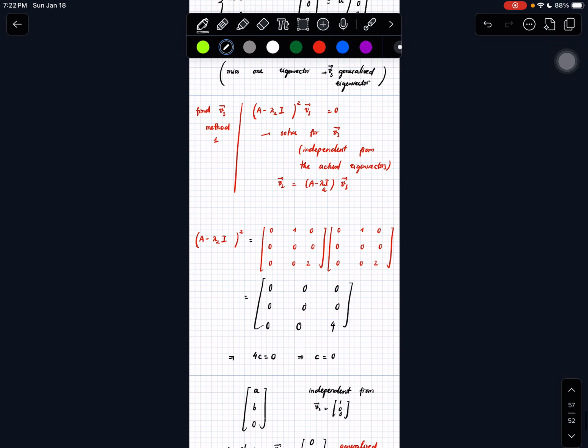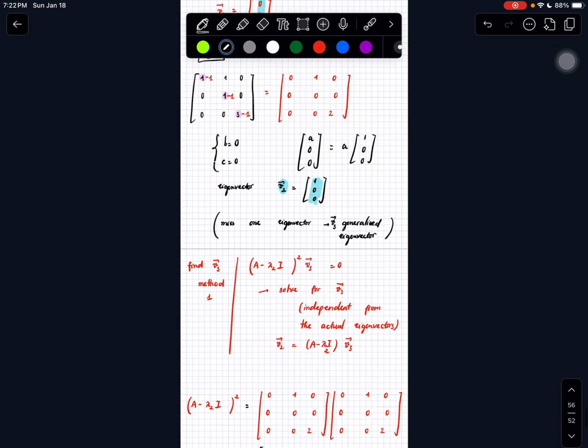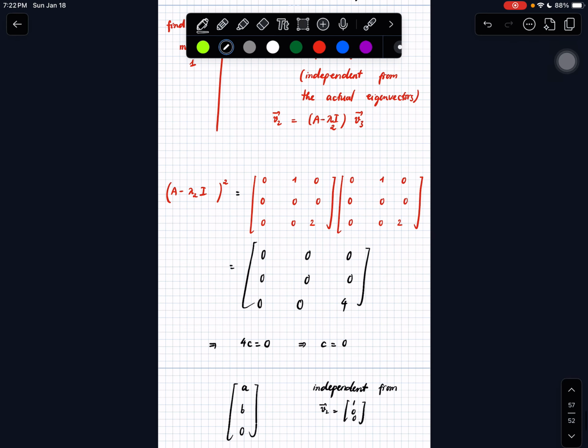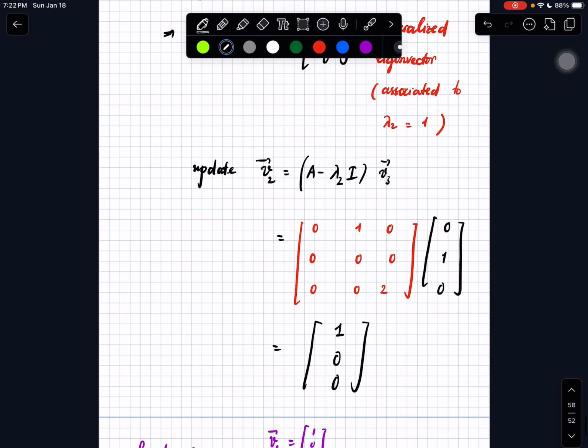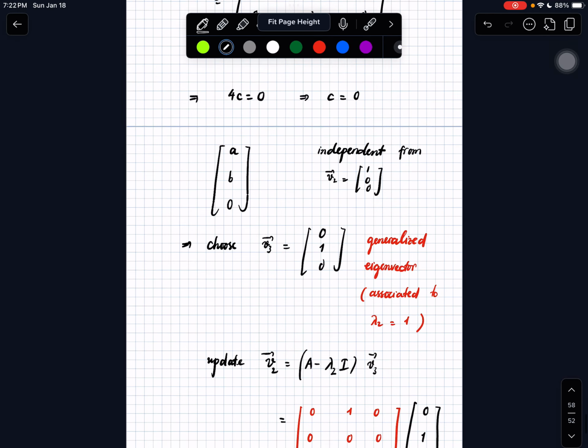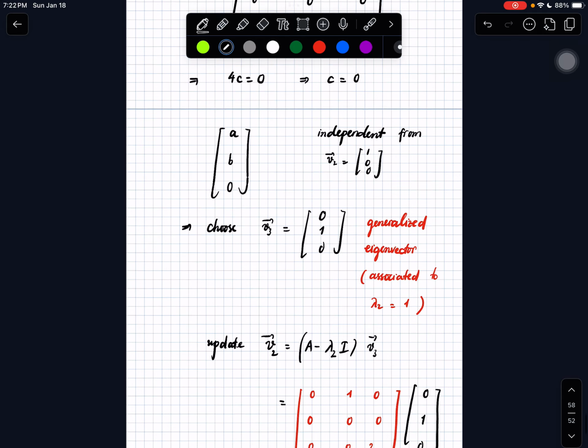So it is the same as the one we had. Perfect. So that is the first method for finding V3.